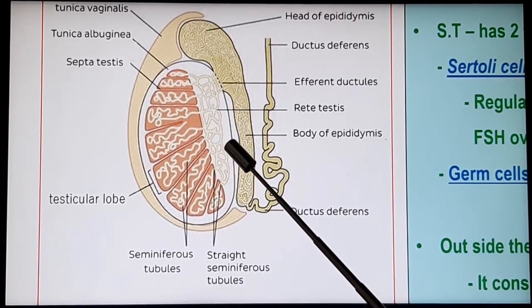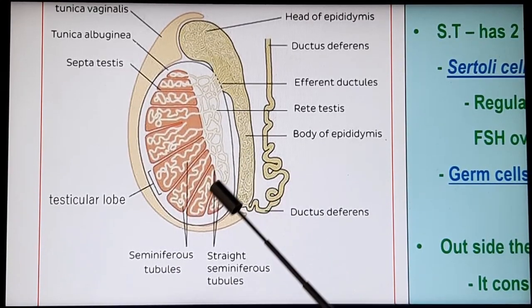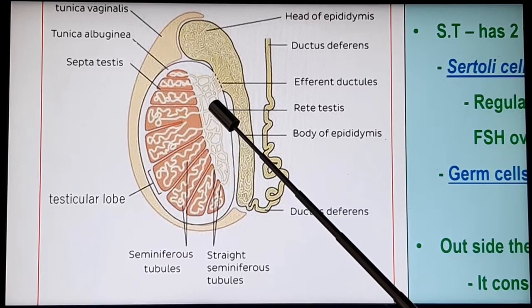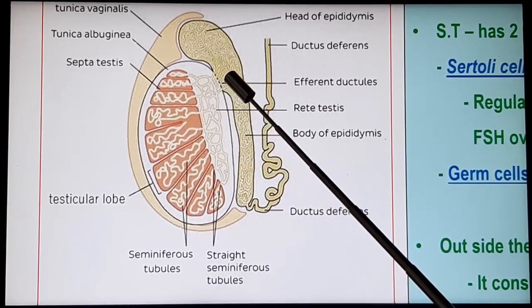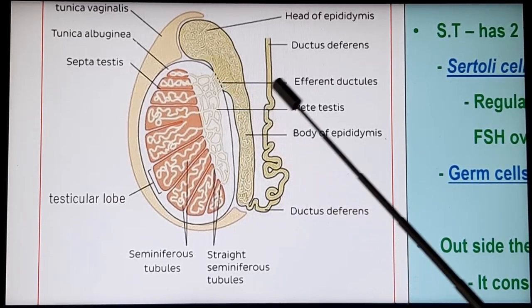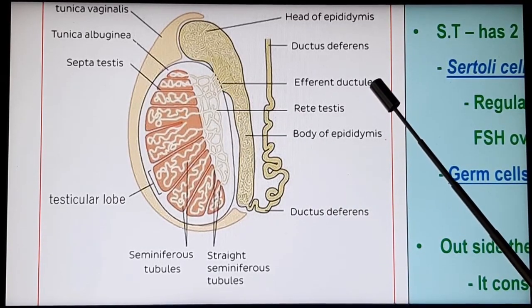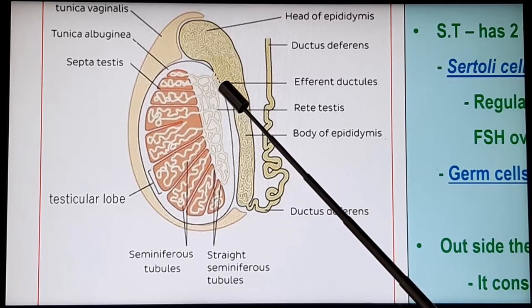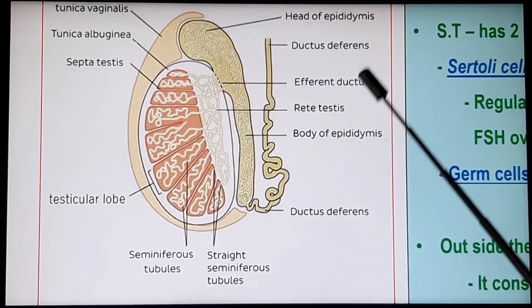The rete testis leaves the testis through efferent ductules, or the vasa efferentia.